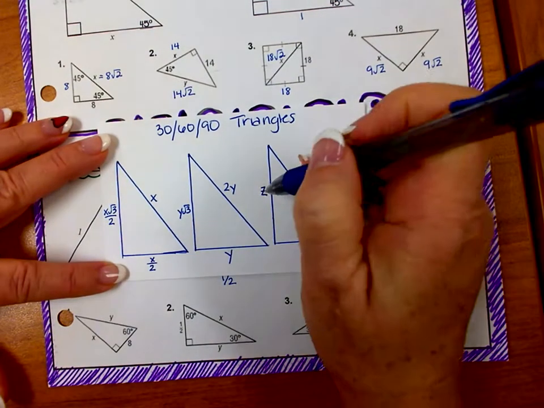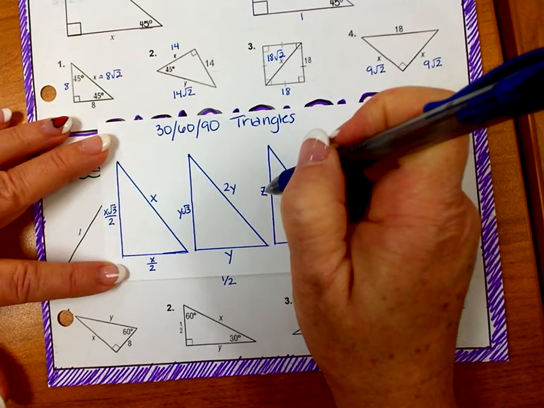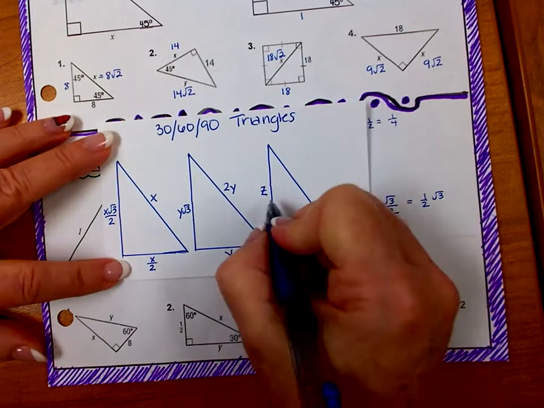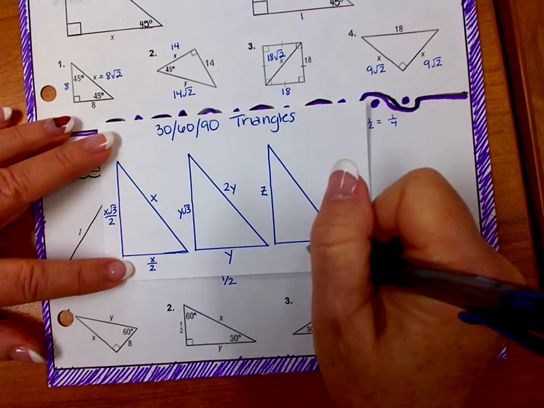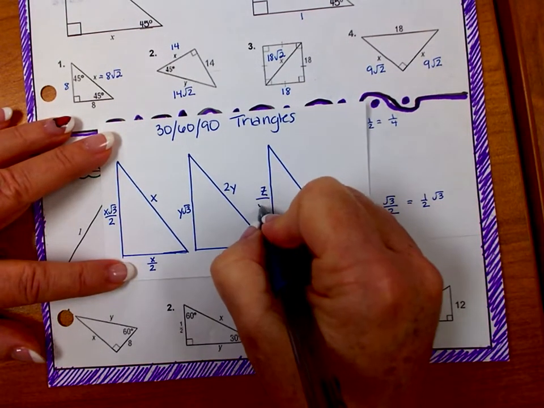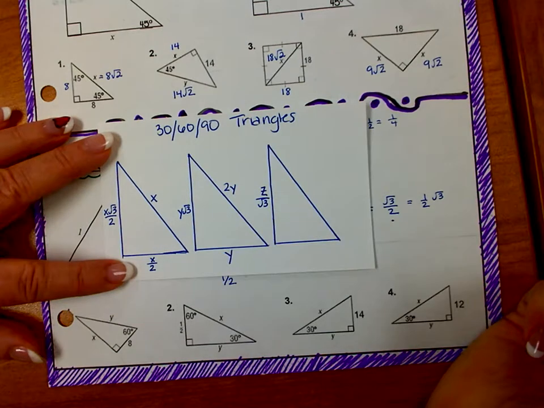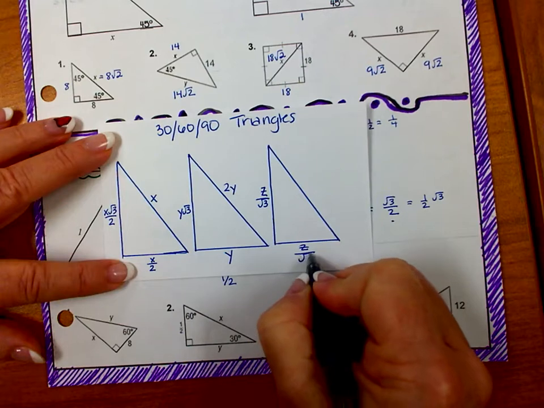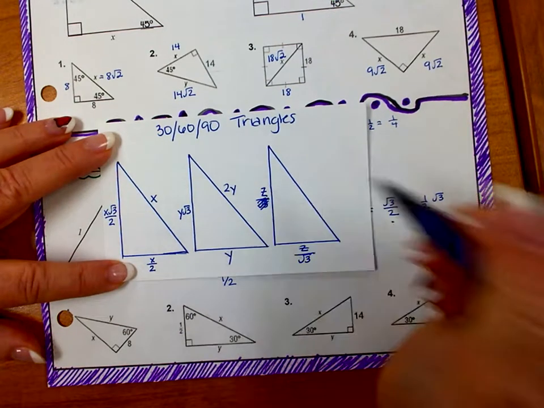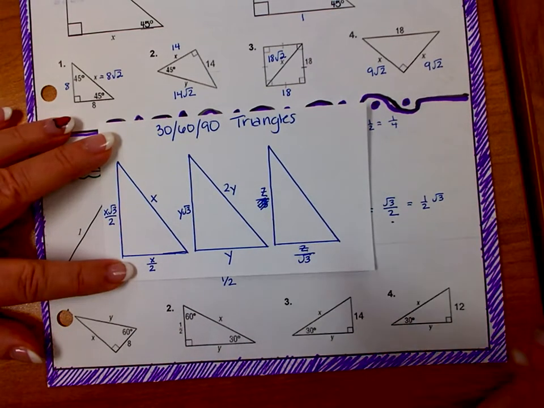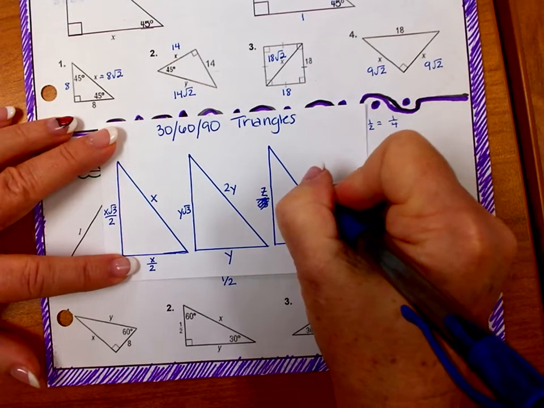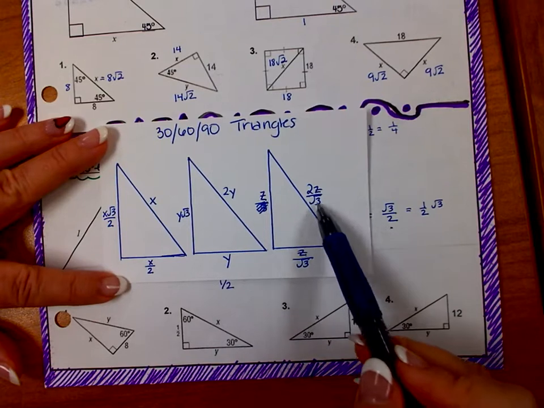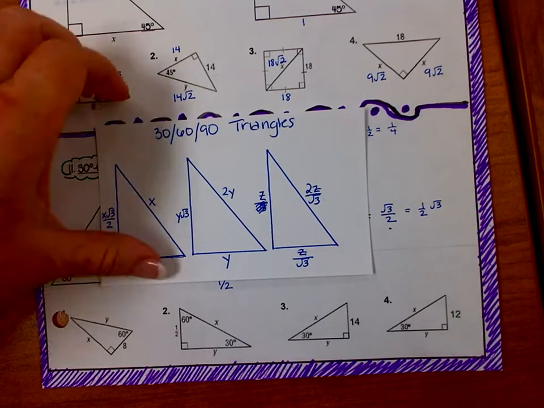And then finally, if we're given the longer leg, then we're going to divide that by radical 3 in order to get the shorter leg. And then we would double this in order to get the hypotenuse. So it's going to be 2z over radical 3, and then of course we would get rid of that radical in the bottom. That's how it works.